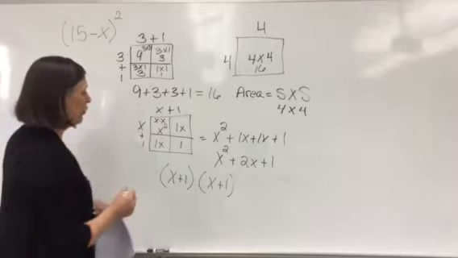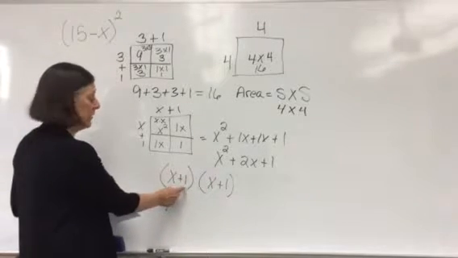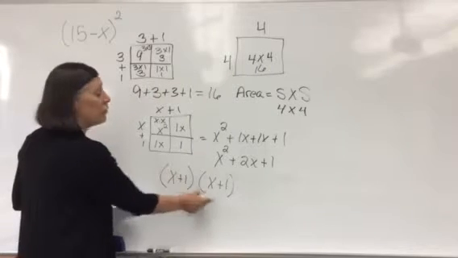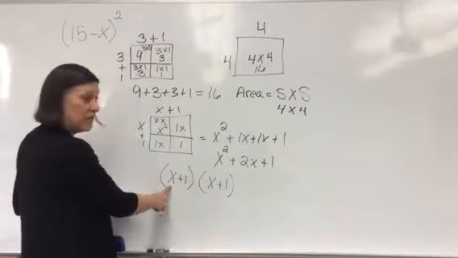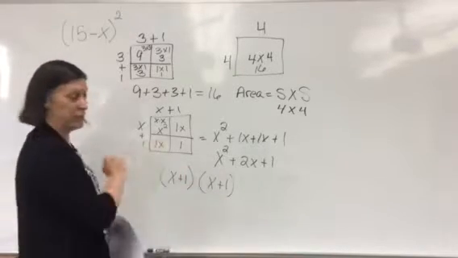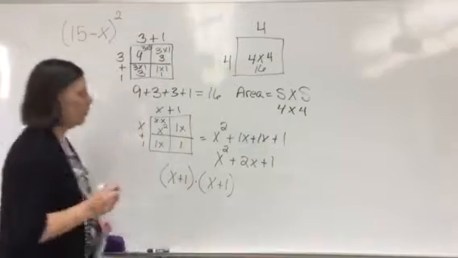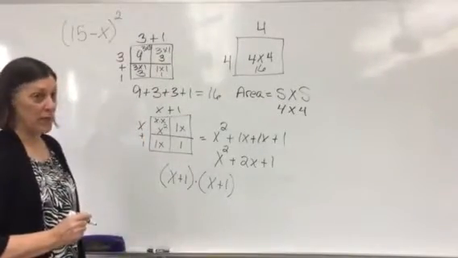I need to look at the fact that there are 2 pieces in this grouping and 2 pieces in this grouping. Sadly, I don't know what this is, so I cannot combine these and simply multiply this times this. Remember, when they're mashed together like this, there's multiplication going on in between.